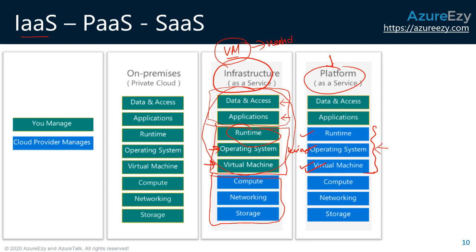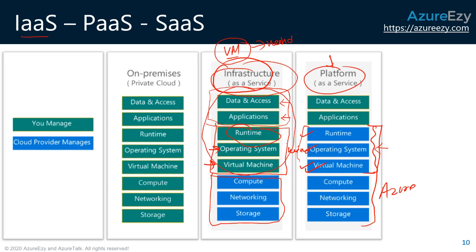What version of Linux is installed, how it is updated, what is the frequency of the updates on the operating system level or on the runtime level or on the virtual machine level, what exactly the virtualization technique being used is, Hyper-V, VMware or whatsoever, you don't care because it is blue. That means your cloud provider, which is Azure, is taking care of it, and that's how your responsibility gets reduced. And that's how when you take an IaaS based service, you still have some responsibility.